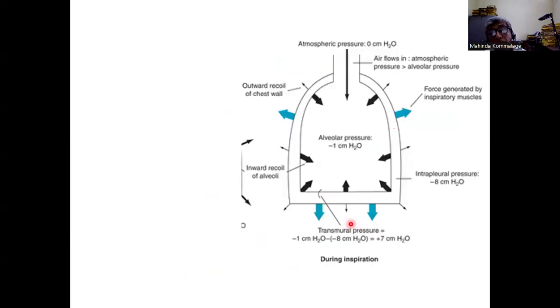During inspiration, as I mentioned, we have muscle power in this direction, lungs recoil power in this direction. At the end of the inspiration, they will balance each other. During inspiration, muscle power is more. We push it outward. So remember, there is also a very small outward recoil pressure from the chest wall. That will not help much.